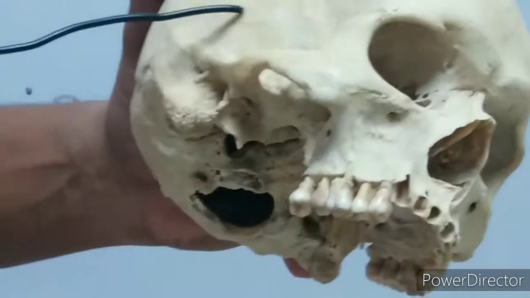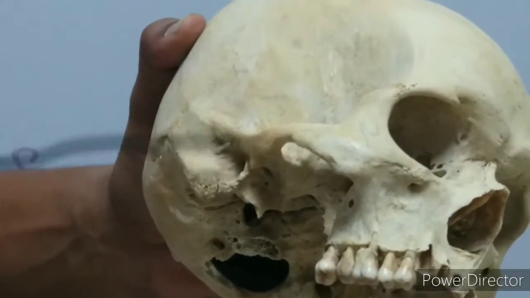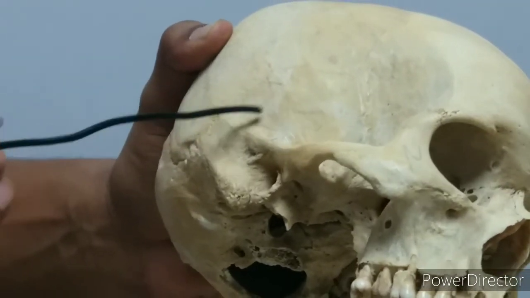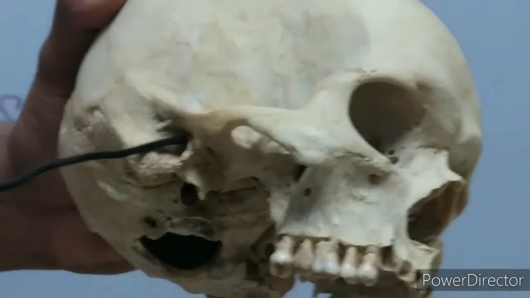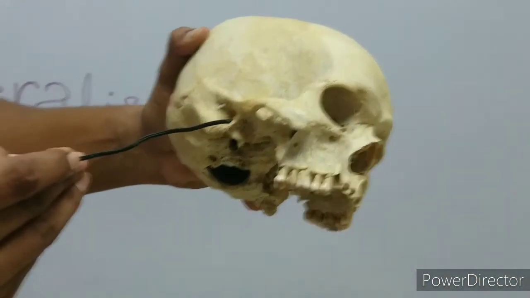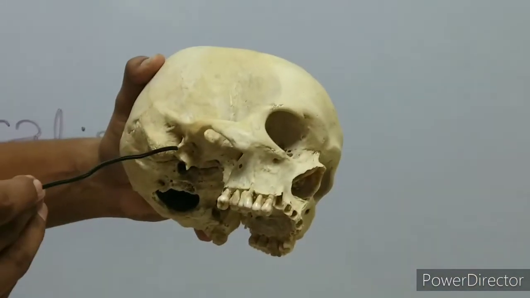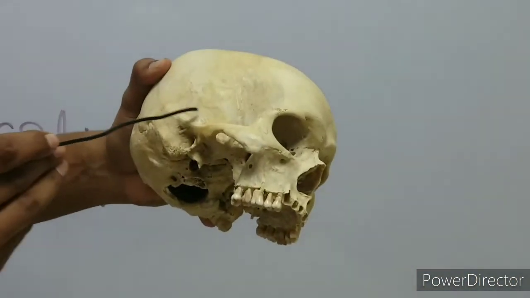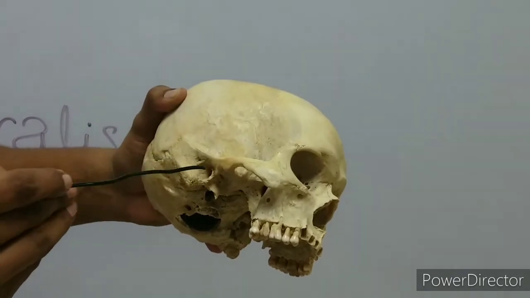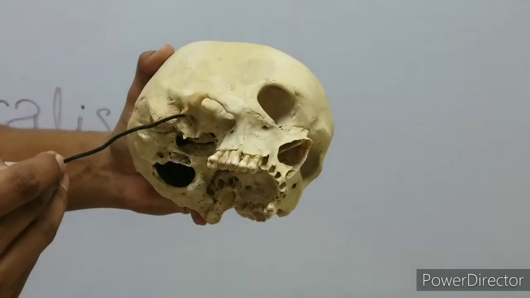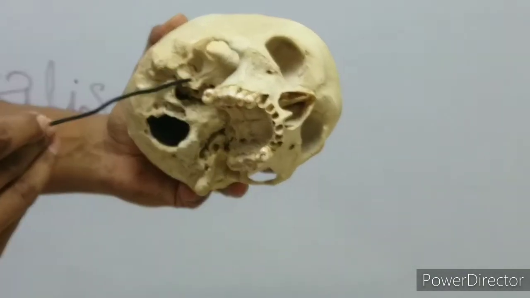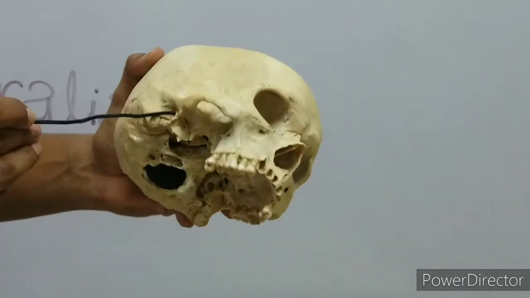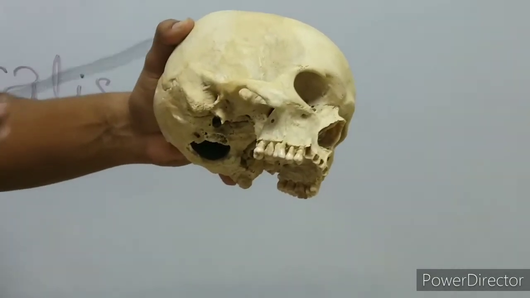The postero-superior margin is formed by the squamous part of the temporal bone. So the external acoustic meatus is formed by this posterior margin by the squamous part of the temporal bone, and this lower part by the tympanic plate. Okay, so that is about the external acoustic meatus.